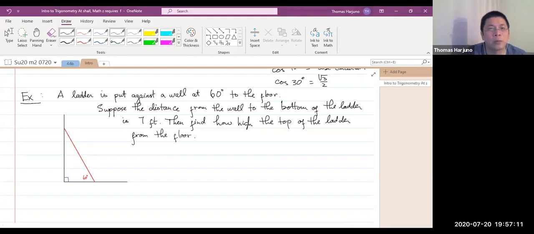So this is the top of the ladder here, and this is the bottom of the ladder. It says that the distance from the wall to the bottom of the ladder is 7 feet. Then, how high is this?